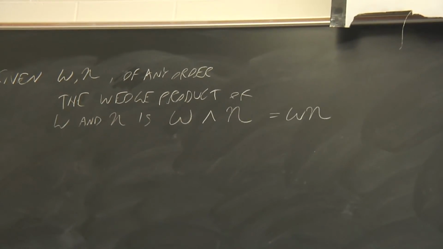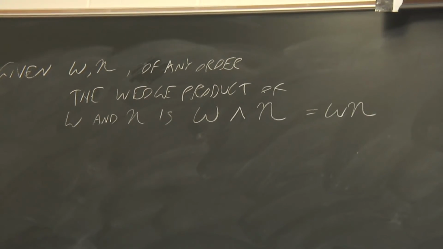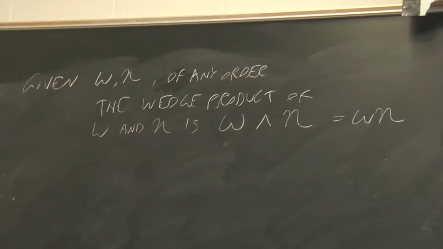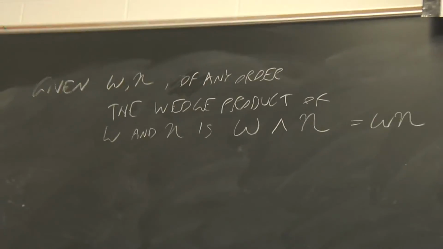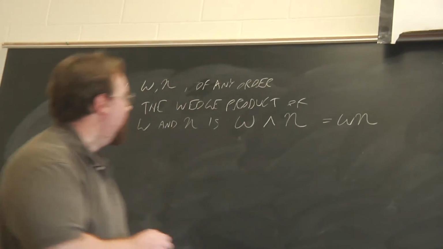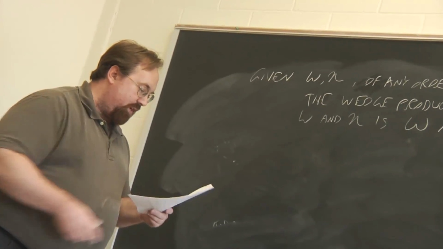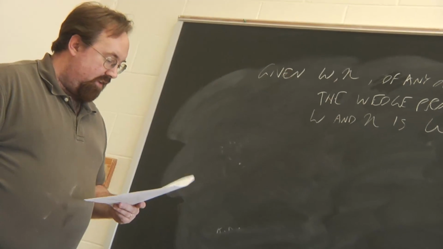So how does this particular multiplication operation work? Now, if omega and eta are 0 forms, they're just functions, then it's standard multiplication of functions, so there's nothing different there. But it's when you work in everything else that things start to get a little strange. All right.